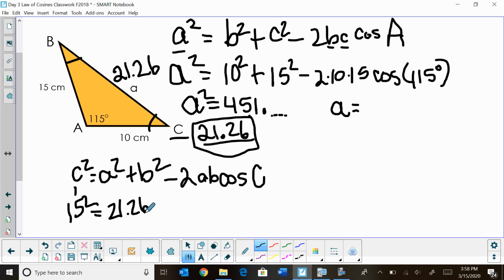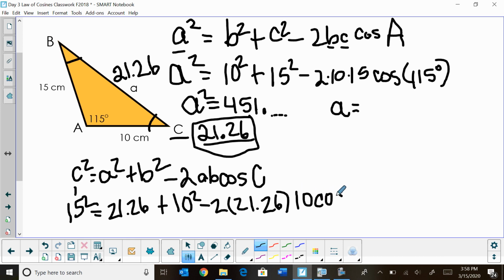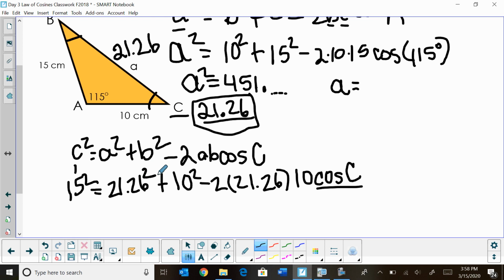We know that squared is 451, we're going to use that up there. Plus B squared, which is 10, minus 2 times A, which is 21.26, times B, which is 10, times the cosine of C, which we do not know. So we've got to leave that variable in there. Now, whoops, I forgot to write my square right there.